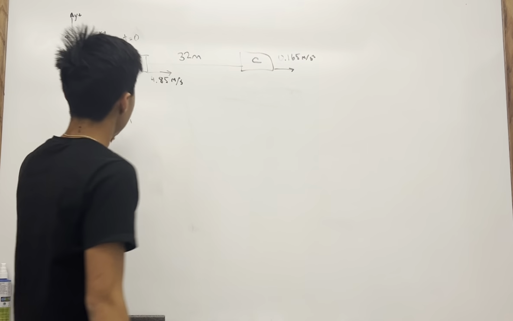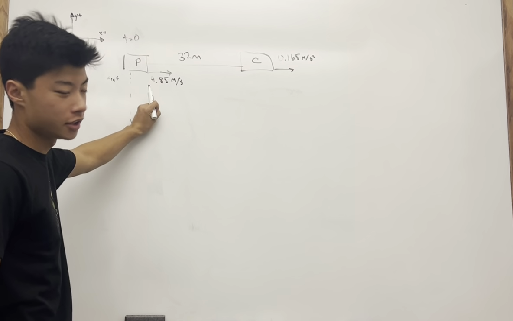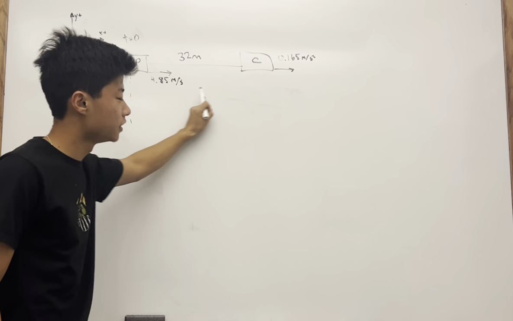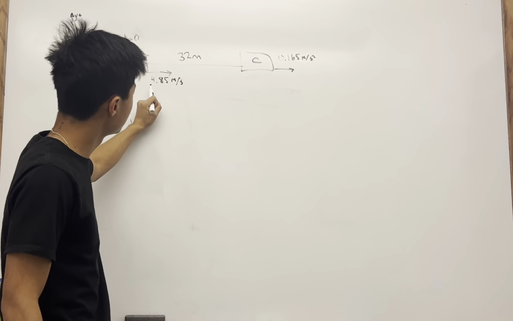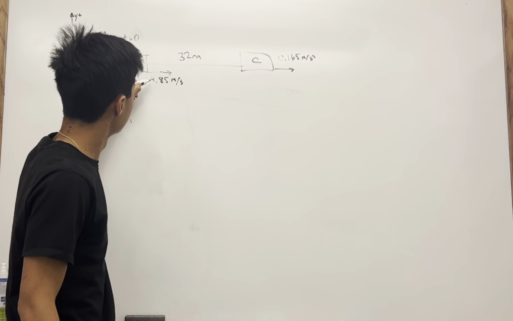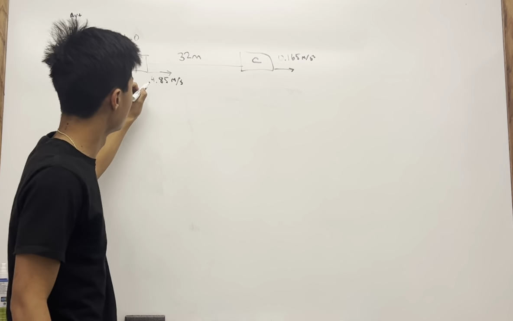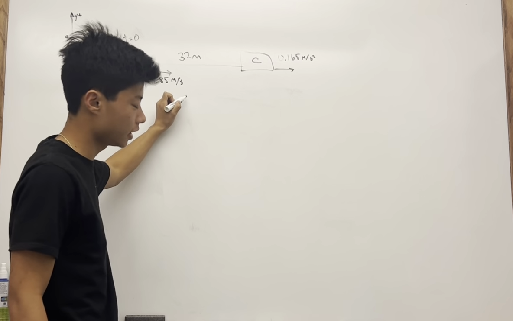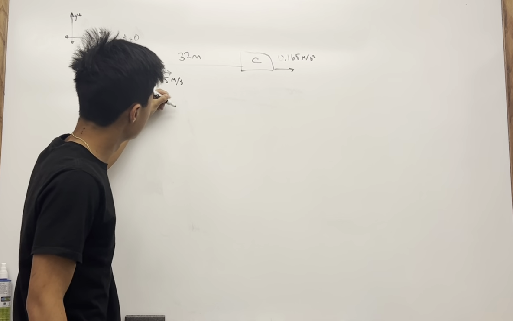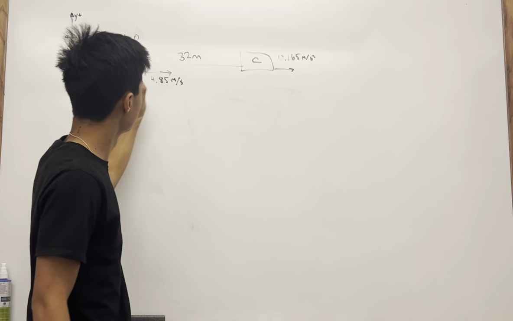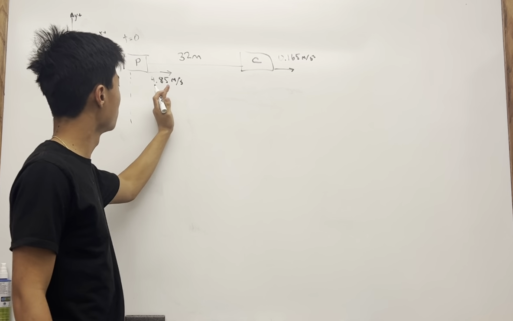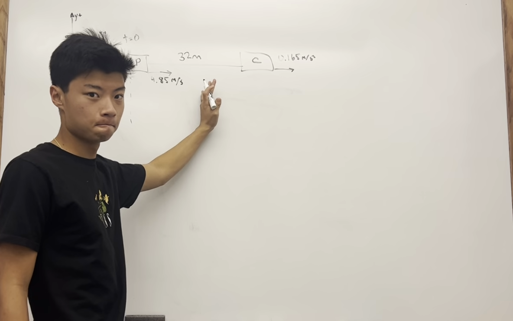So for any position of the puppy at any given time, because the speed that the puppy is going at is 4.85 meters per second, that means for every second that passes, this puppy will be 4.85 meters along.